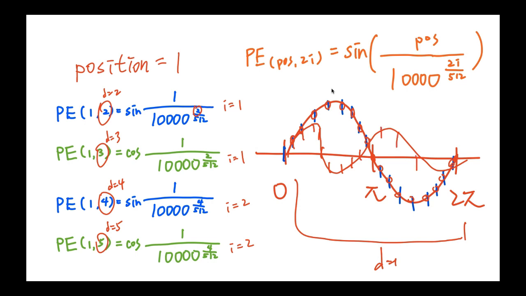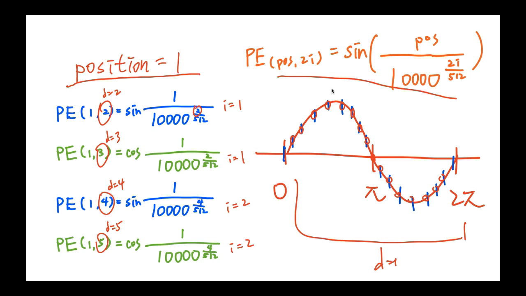Okay, let's take a look at one very easy example: let's fix the position, let the position equal 1. Then we can observe what happens in different dimensions. In dimension 2, you can write down this formula; it can be represented by this sine wave, with i equal to 1 here. In dimension 3, you write this cosine wave.